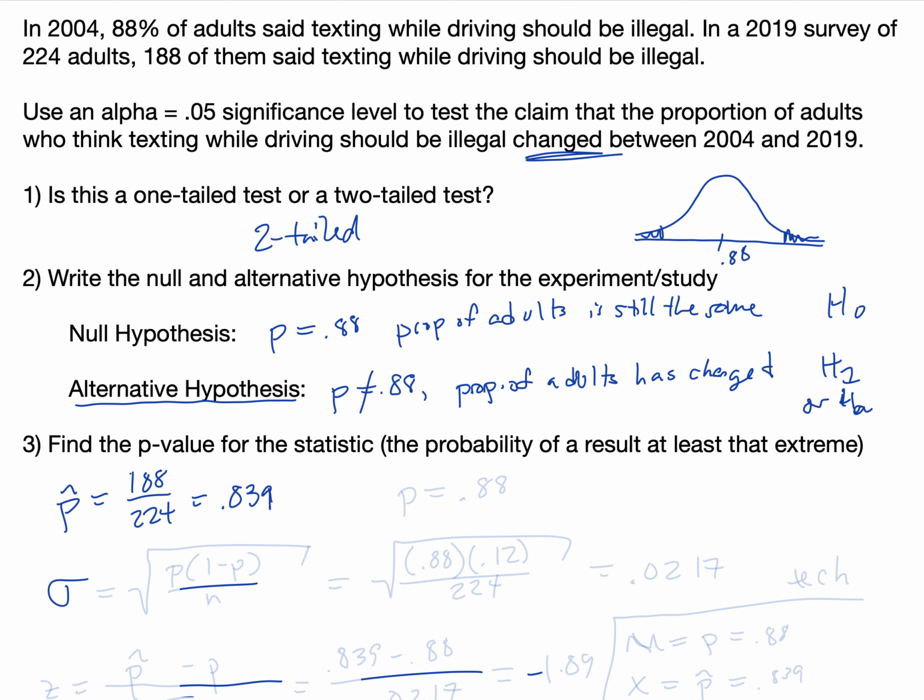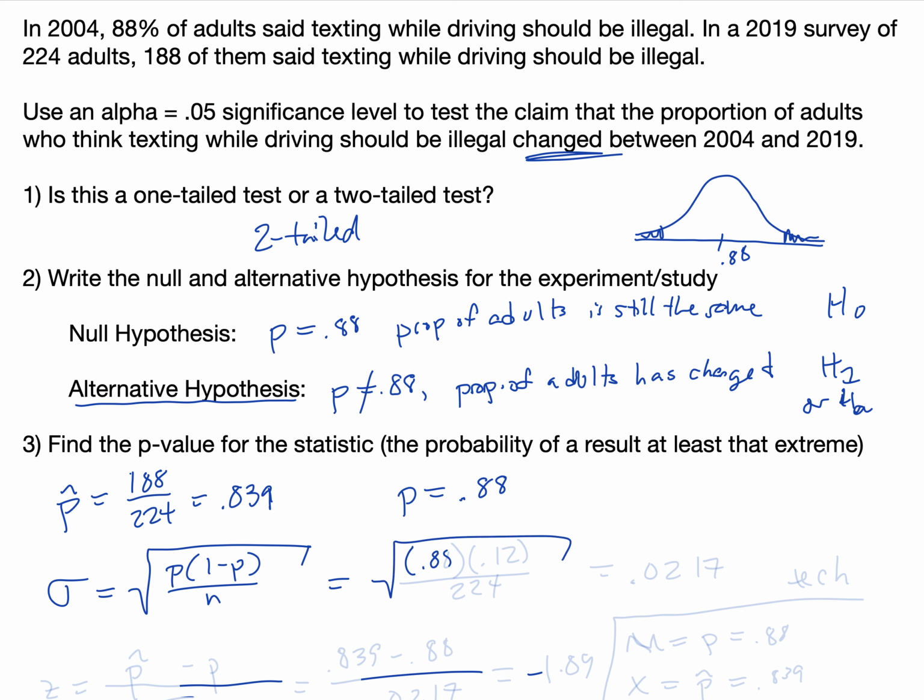So to find that, we need to find the standard deviation for these sample proportions. That is the square root of p times 1 minus p over the sample size. We're assuming the null hypothesis is true. We're assuming that the true proportion is still 0.88, and we're finding the probability of this result based on that.